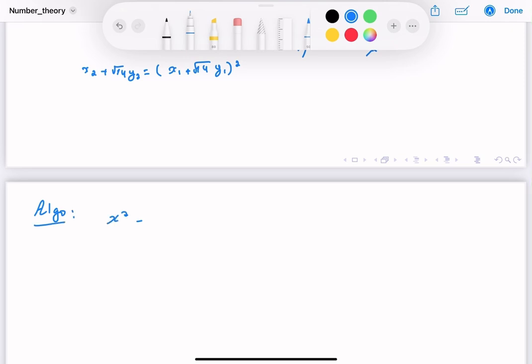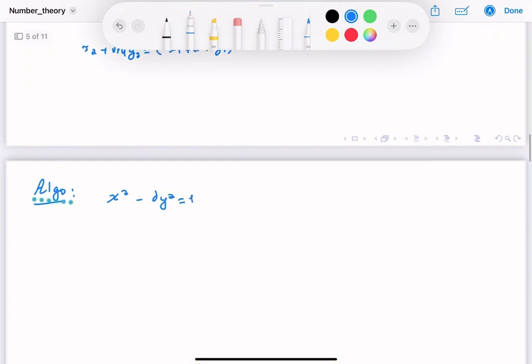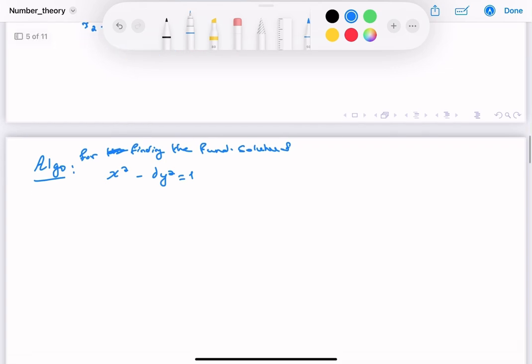If you look at x squared minus dy squared equals 1, and we're trying to find the fundamental solution of this equation, the algorithm is as follows.